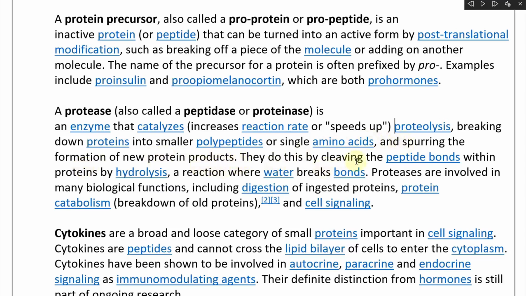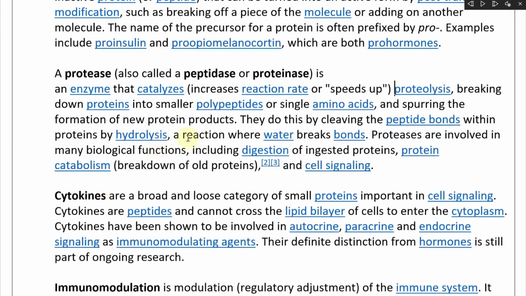They do this by cleaving the peptide bonds within proteins by hydrolysis. Hydrolysis is a reaction where water breaks bonds. Proteases are involved in many biological functions, including digestion of ingested proteins, protein catabolism, which is a breakdown of old proteins, and cell signaling.